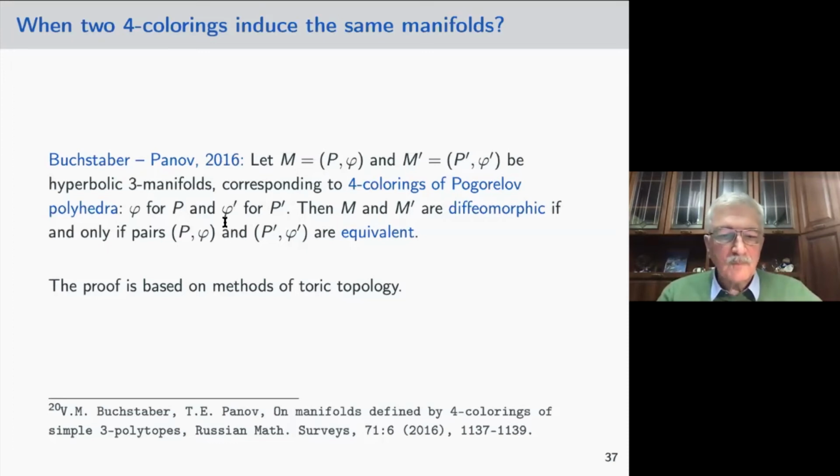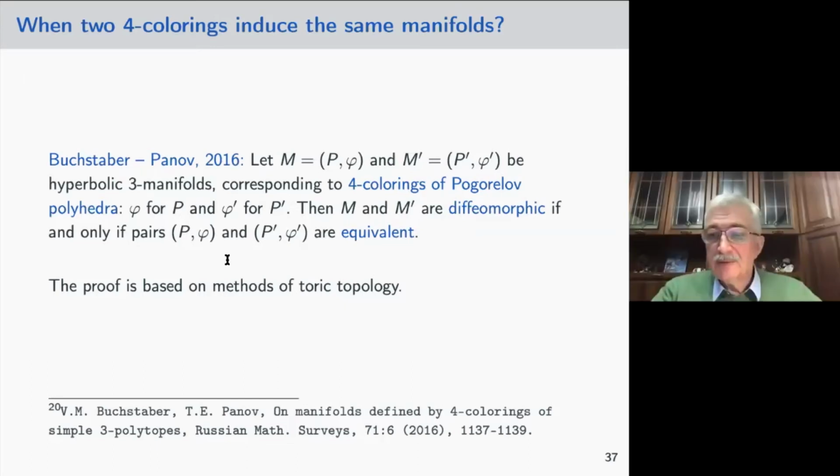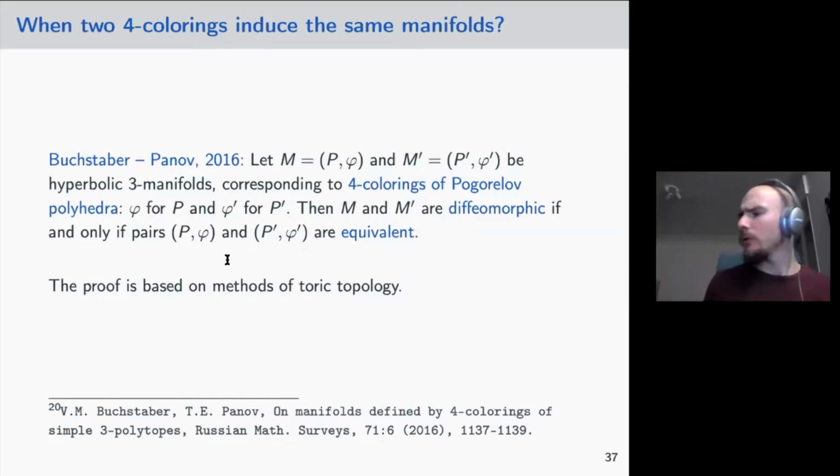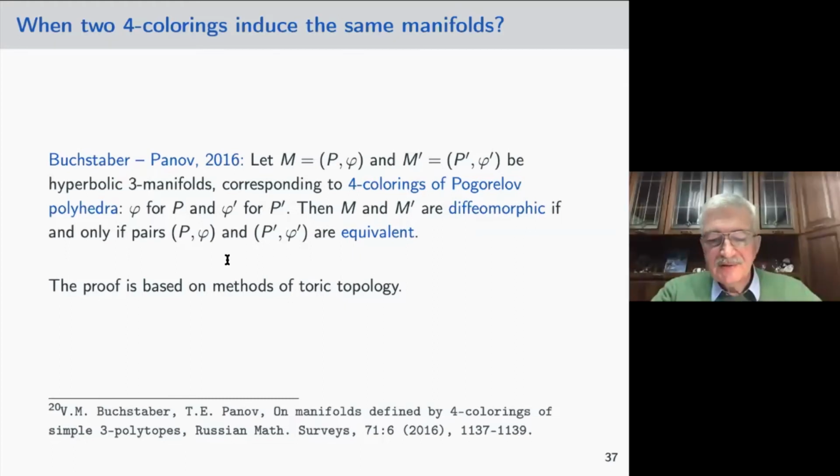So these two manifolds are diffeomorphic if and only if the corresponding pairs of polyhedra plus coloring are equivalent. So the polyhedra combinatorics are the same, and the colorings are equivalent, up to symmetry of the polyhedra and up to renaming of colors. Okay. And the proof is quite complicated in the sense that it's not inside this combinatorial approach.